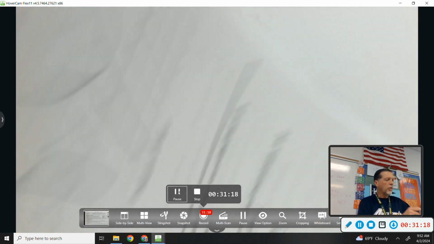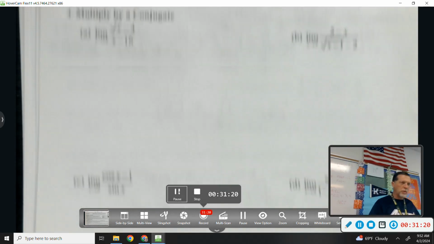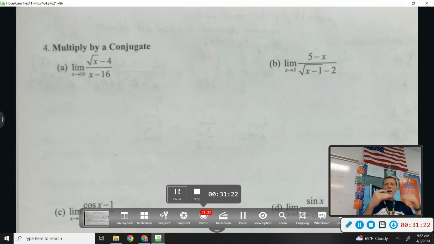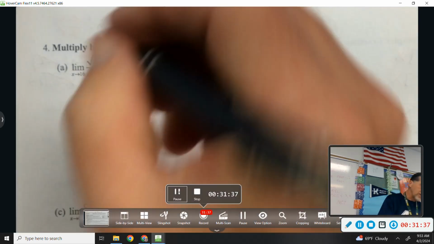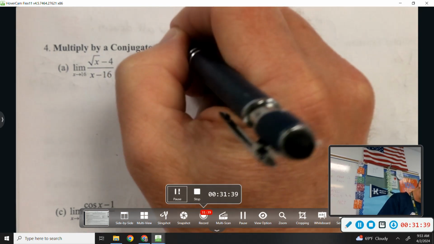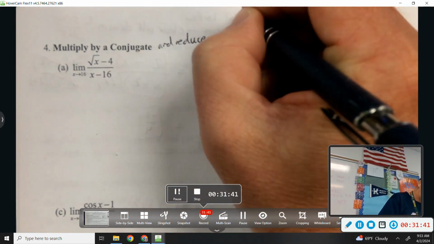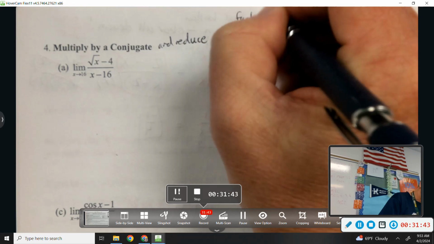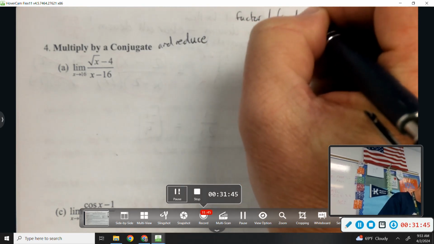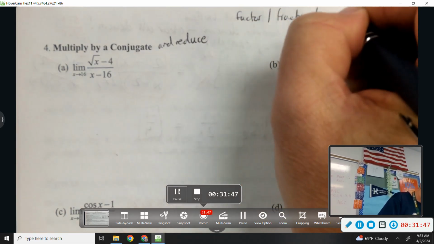Okay, so we've covered 2 algebra methods. So let me back up and talk big picture again. Substitution first, unless you're being lazy like me. If you get one of the indeterminate forms, then you either factor and reduce, fraction and reduce, or conjugate and reduce. Factor, fraction, conjugate.